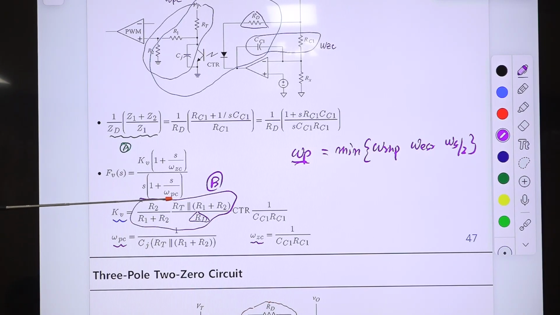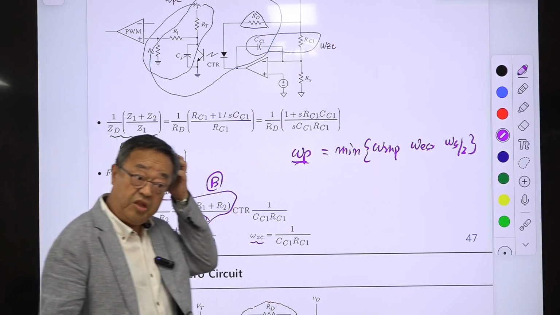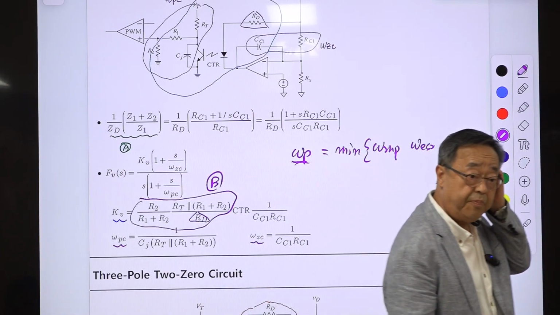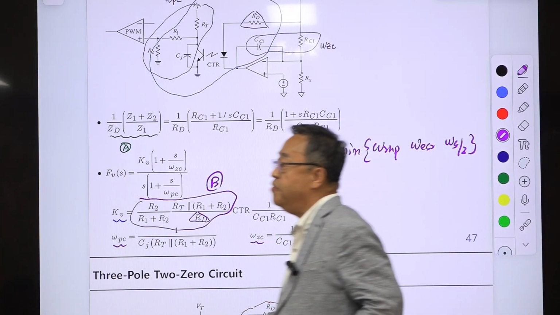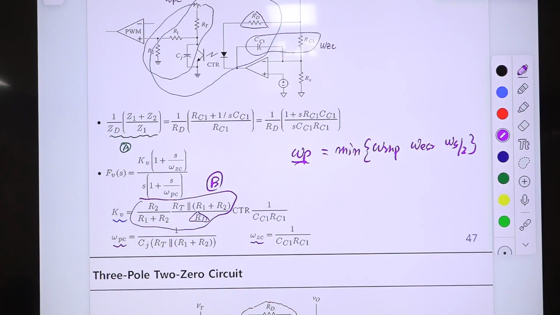Never call it type 2. Some cases need 3-pole 2-zero compensation, called type 3. Don't use that word. 3-pole 2-zero compensation.